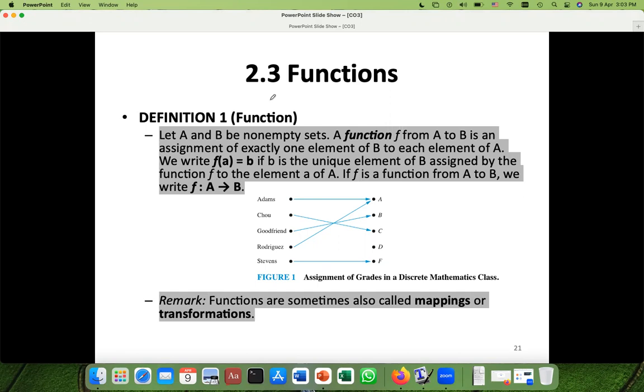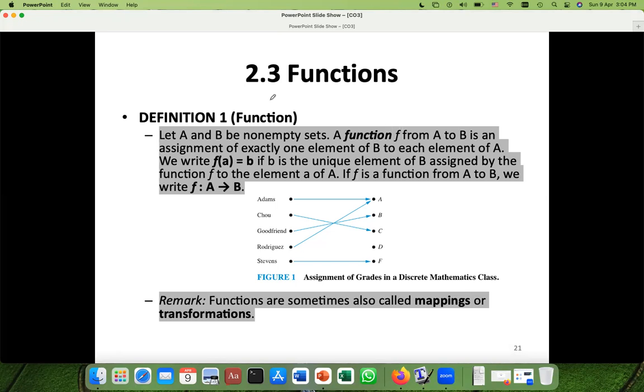So anyhow, if you have two sets A and B, this is A and this is B. For every element of A, if you have exactly one element from B, for example, we have four elements.